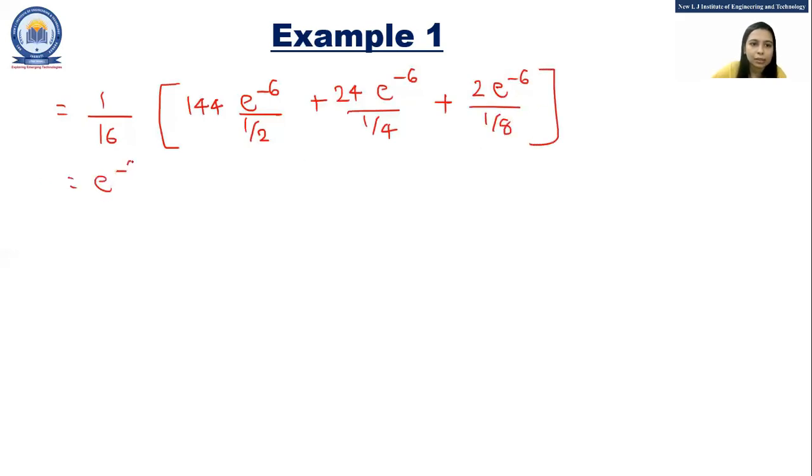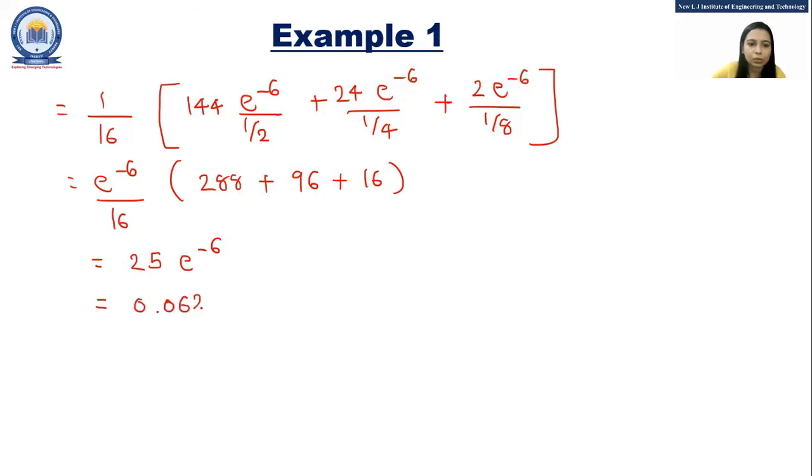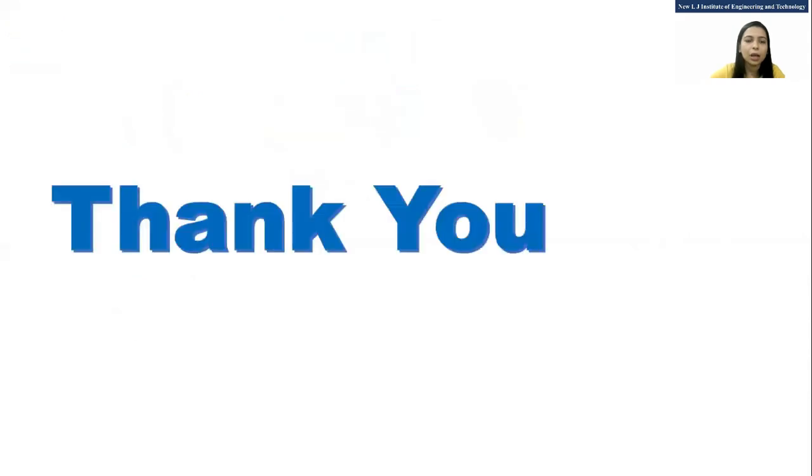So e raised to minus 6 upon 16, in brackets 288 plus 96 plus 16. So that is equal to 25 into e raised to minus 6, and that is equal to 0.062. So this is your final answer. So this is all about today's lecture. Thank you.